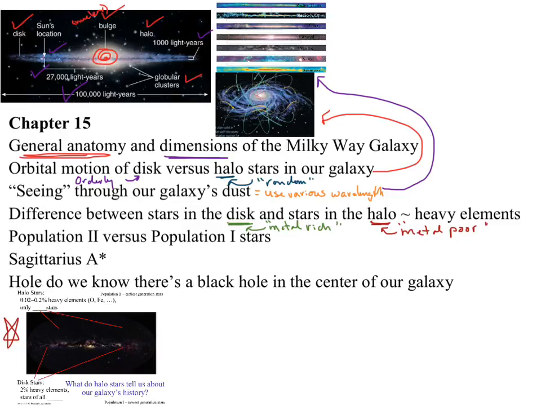And disk stars are kind of an assortment, but kind of younger stars, and they tend to have more metals. Then related to that is this idea of older and younger, population 2 and population 1. Population 2 seems like it should be kind of the latest generation, but population 2 we say is the oldest stars, and they're located again in the halo, and then population 1 are the younger stars, and they're in the disk.